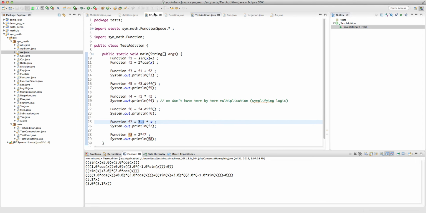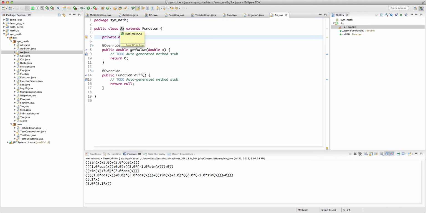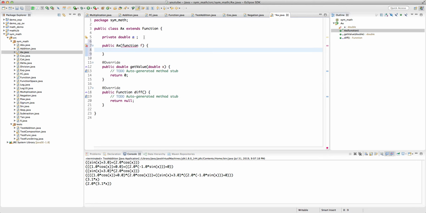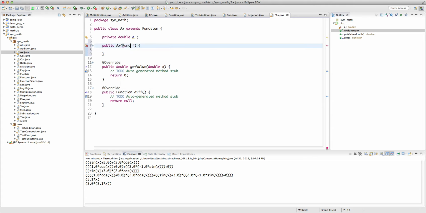But if I define the ax function and try to implement this, public ax function f, or basically af, a times a function, for example.